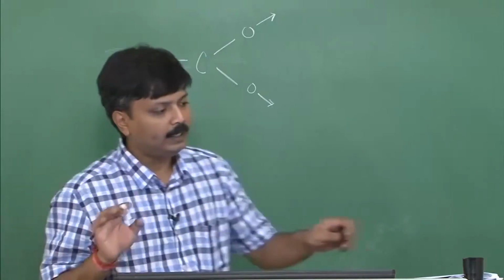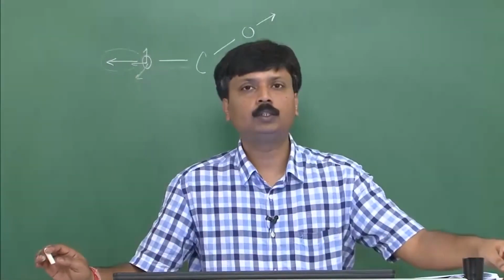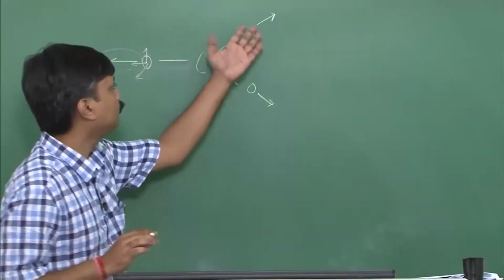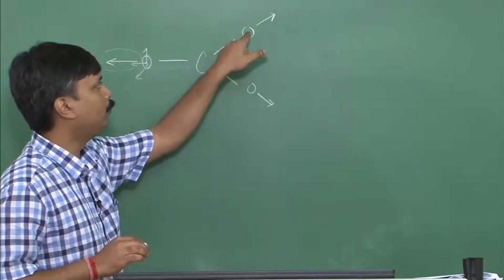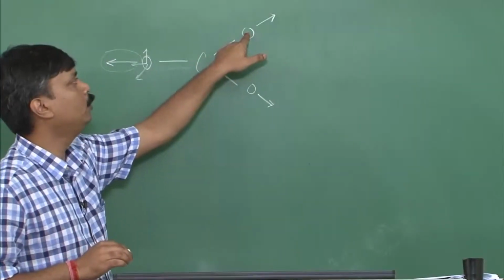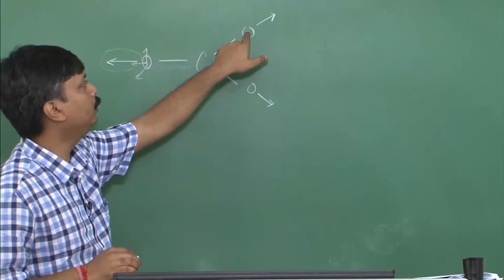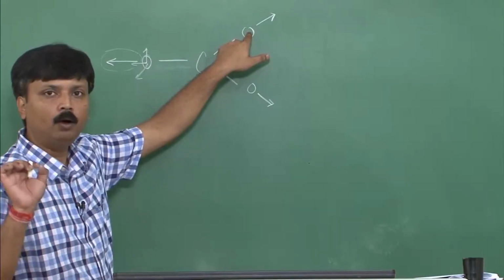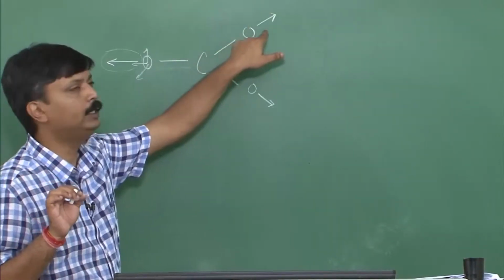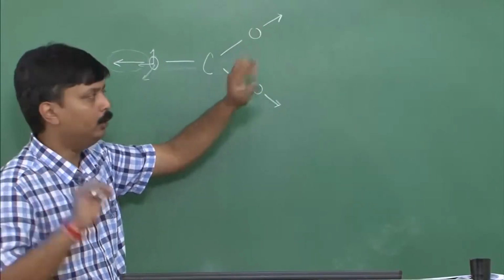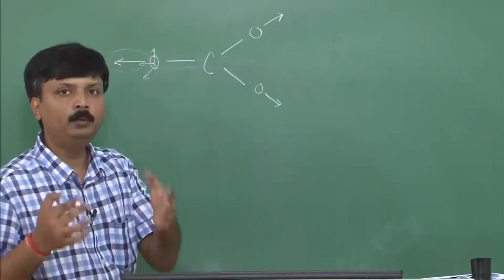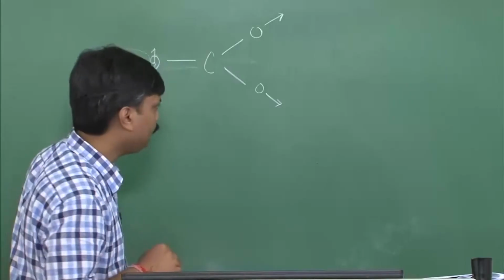So I can take the Cartesian coordinates of all the atoms. In each case, I will take the atom to be sitting on the origin, and I will consider its x, y, and z coordinate system to be acting as my basis.